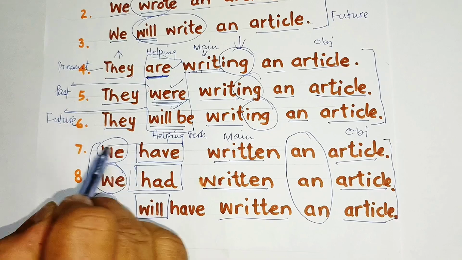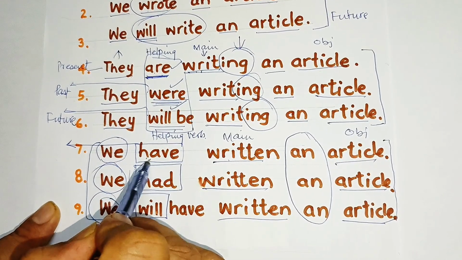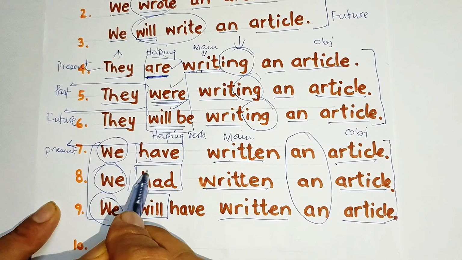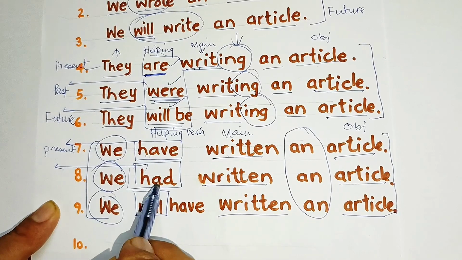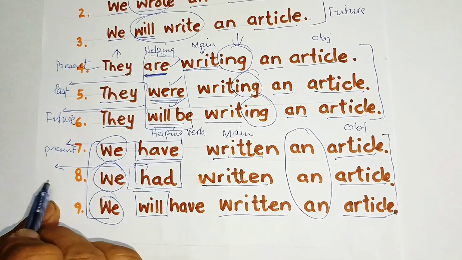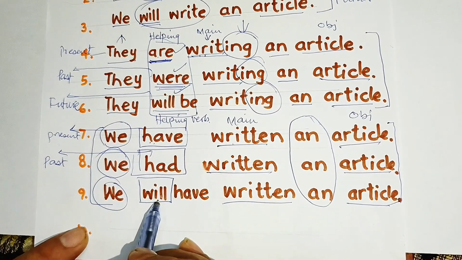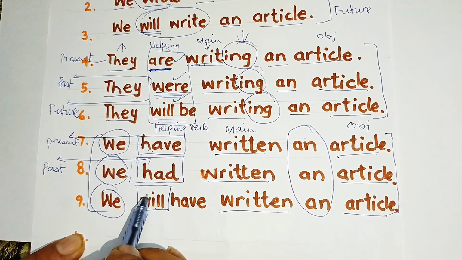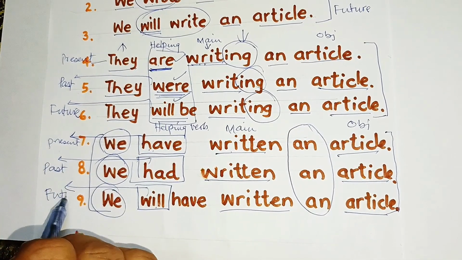So what is the form of this particular verb? This is present form of verb, so this is present tense. Had is the past form of has and have, so this particular sentence is from past tense. And the last one, that is we will have written an article, so will is indicating, that is helping verb, that this is future tense.